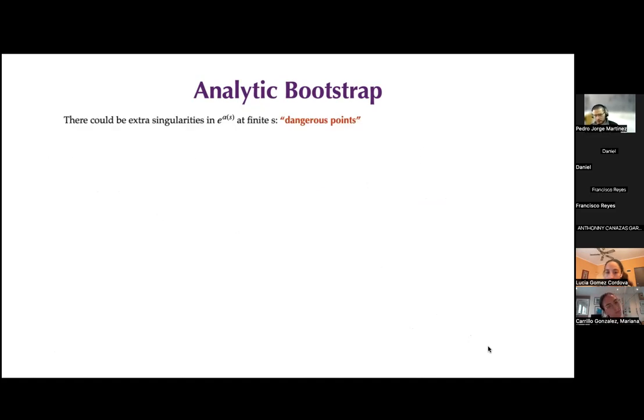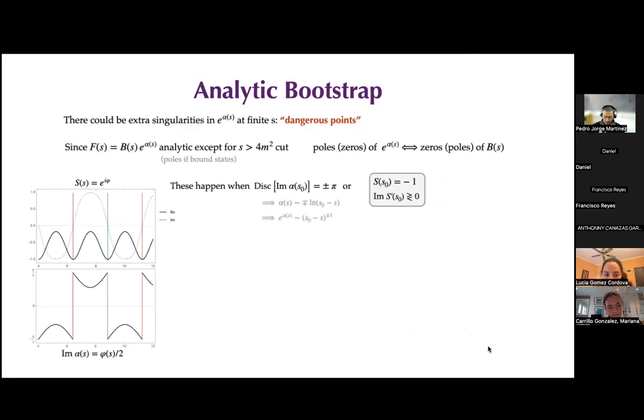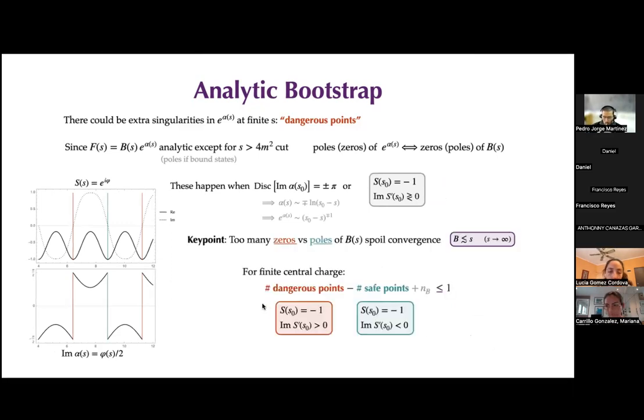So now what we found, I will go fast because I'm running out of time, is the following. I should have written this differently, sorry. There are something we call dangerous points in the S matrix, which is whenever the S matrix reaches -1 with a given slope for the imaginary part.